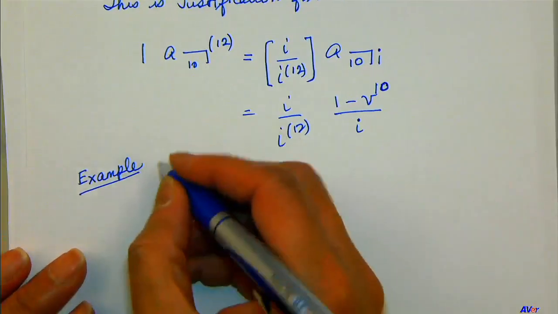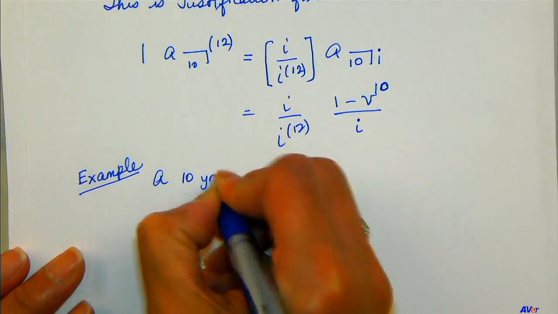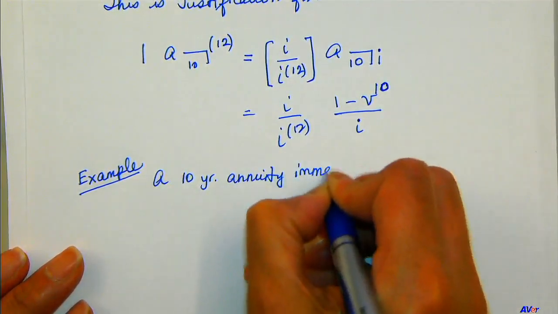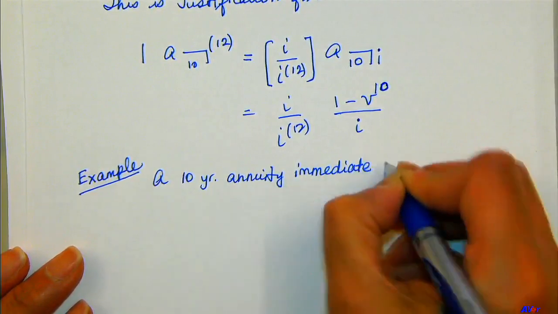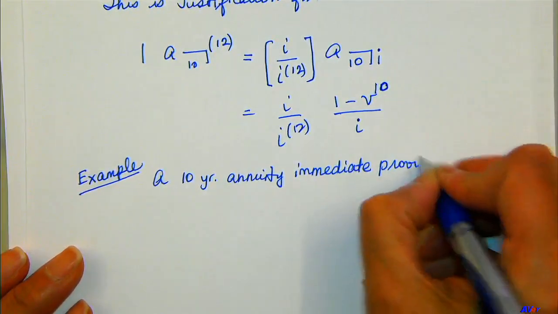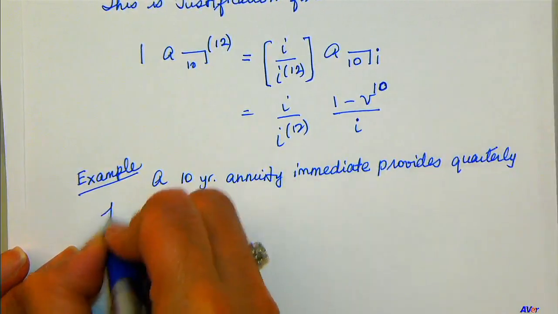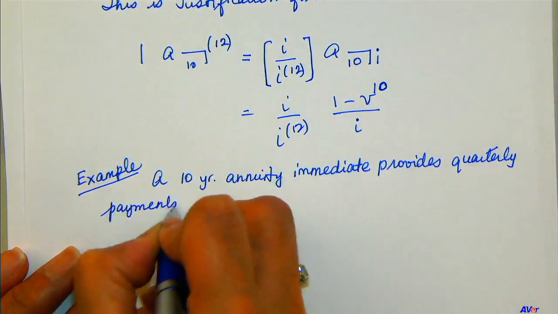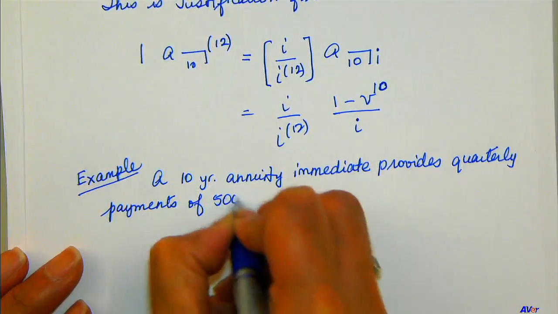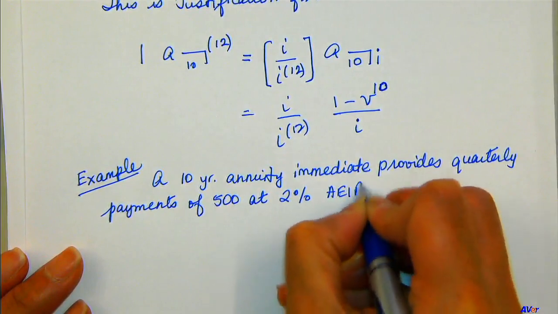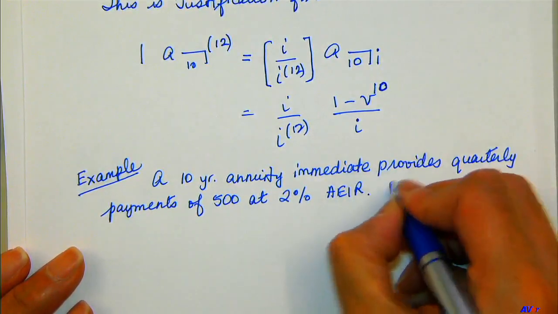A 10-year annuity immediate provides quarterly payments of $500 at 2% annual effective interest rate. Find the present value.